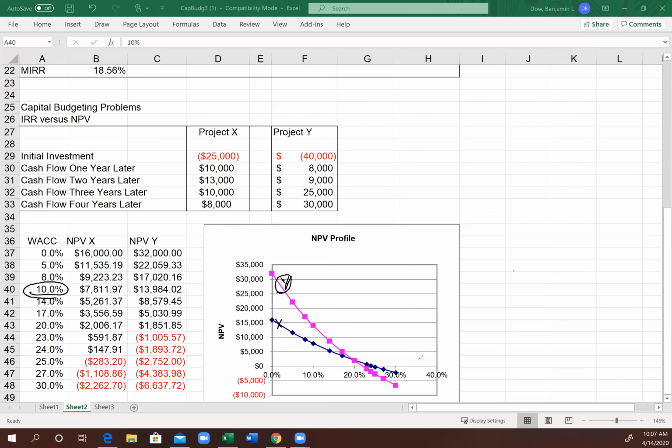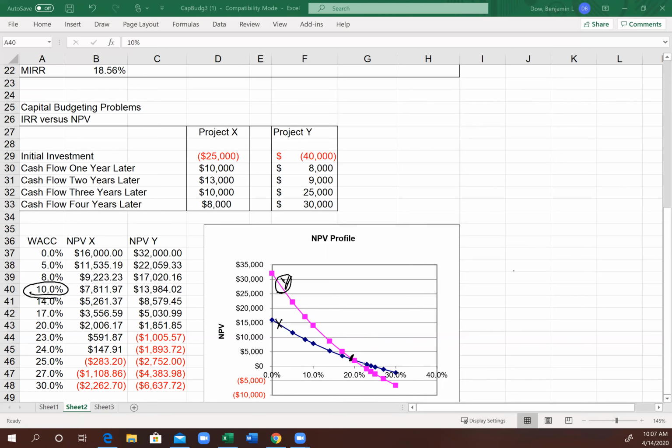Project X has a little flatter curve. Has to do with the timing of the cash flows and the impact of changes in interest rates on those cash flows. So really just from net present value, you can kind of tell, hey, Project Y is more desirable just from a net present value perspective up until the point where these cross over.